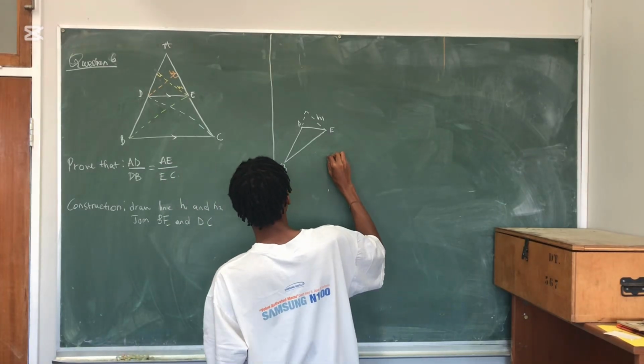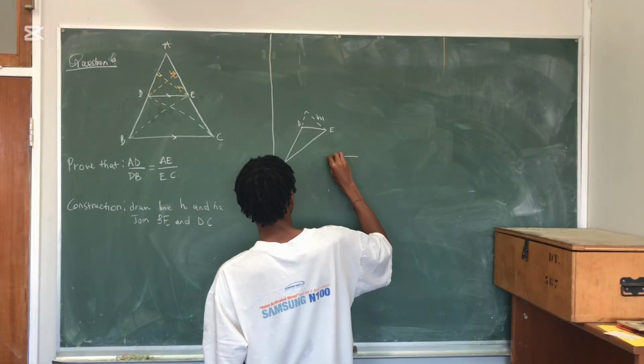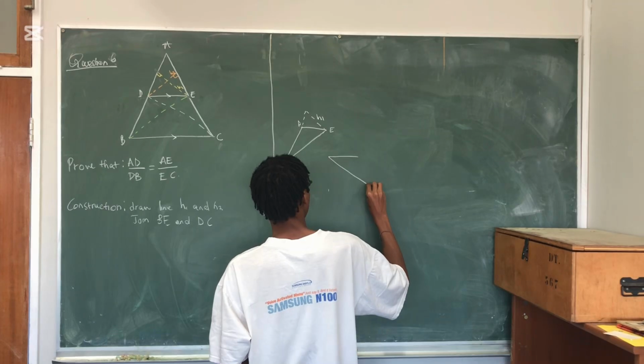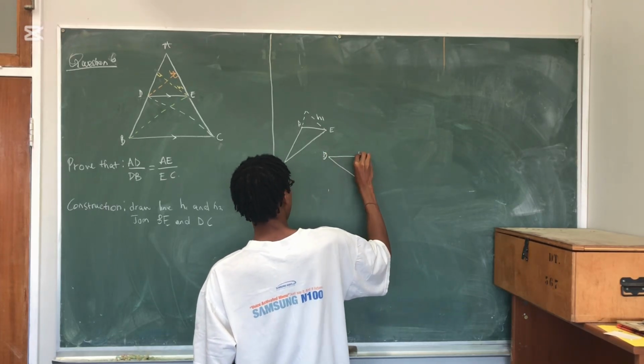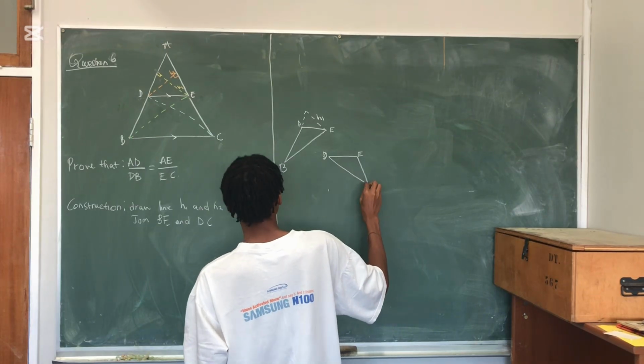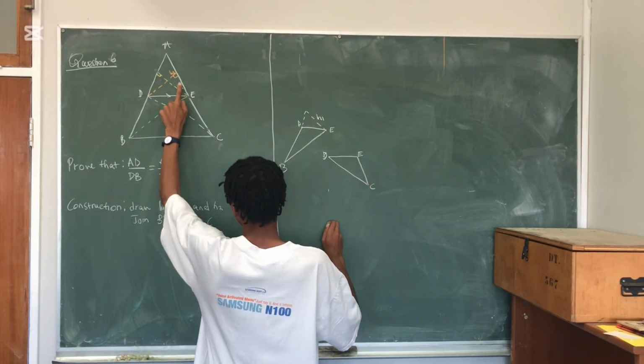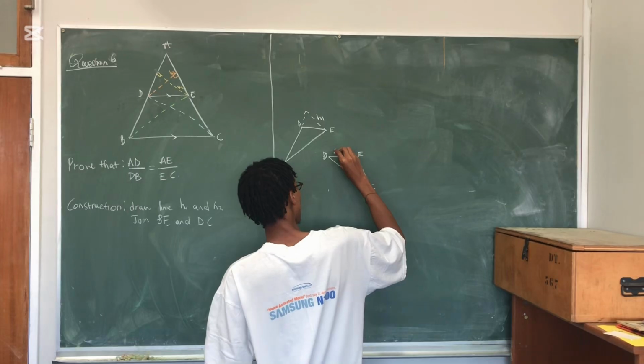And for the other triangle, the height is going to be H2, height 2.